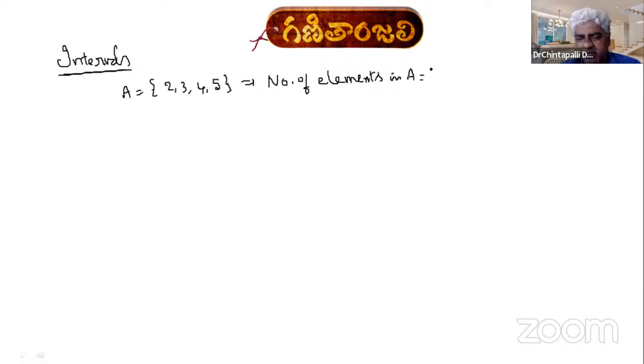How many elements are there in A? 4 elements, right?